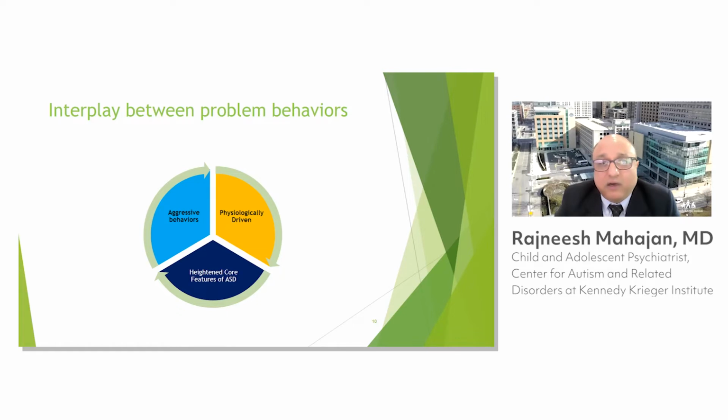Similarly, feeding difficulties can lead to aggressive behaviors. And these aggressive behaviors can in turn worsen the physiologically driven behaviors and worsen the intensity of the core features of autism spectrum disorder. So there is an interplay between these different problem behaviors.